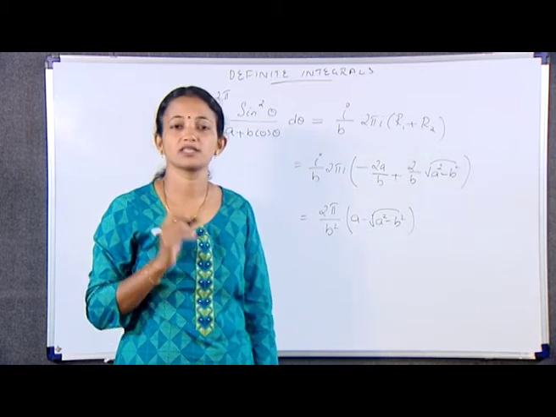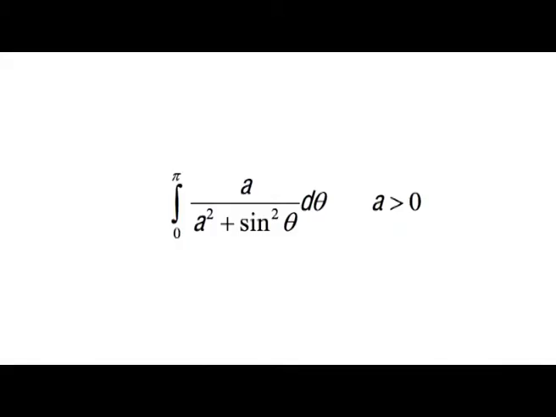So, next we have to find integral 0 to pi of a by (a square plus sin square theta) d theta, where a is greater than 0.